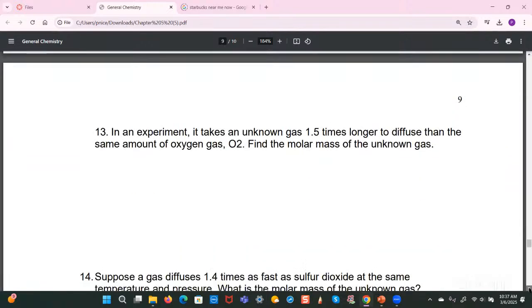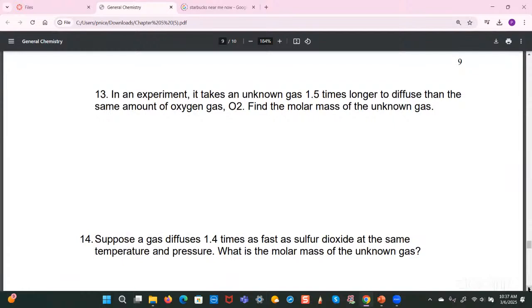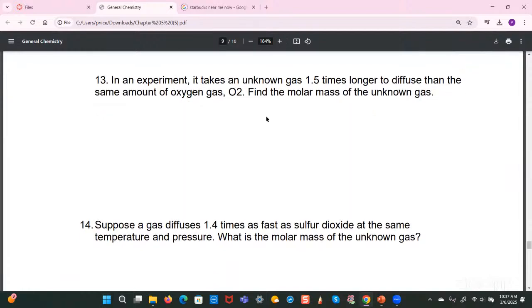Oh, now we're going to get into the law of diffusion, all right? So this question says, in an experiment, it takes an unknown gas 1.5 times longer to diffuse. Now, again, let me stress that when you're dealing with these types of questions, you have to interpret it correctly, right?